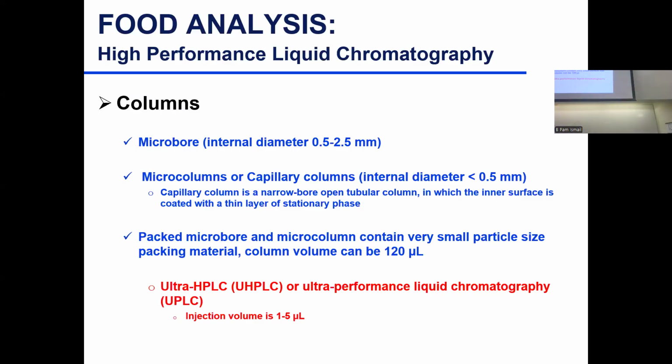There is nothing hollow inside. Capillary is hollow inside and has a thin stationary phase around the interior of it. Capillary columns usually have a similar diameter to microcolumns. The difference is that a microcolumn is completely packed from top to bottom, whereas the capillary has a thin layer on the internal wall and it's hollow in the middle.